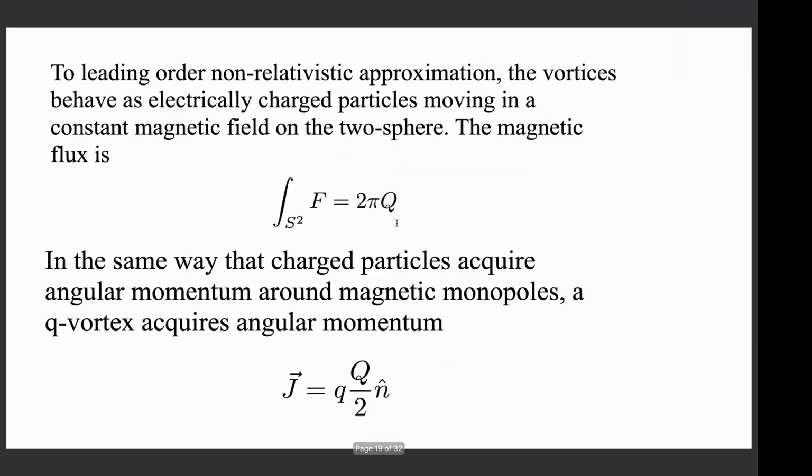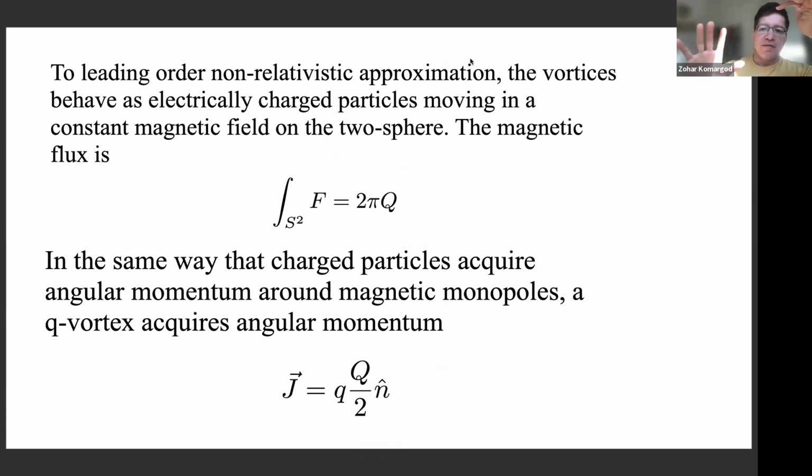Okay, thanks. So how do you think about vortices in a superfluid? Actually, vortices in a real fluid are also behaving like this, except that they are dissipating. Vortices in a superfluid are not dissipating, so it's a little bit easier. A vortex in a superfluid moves like a charged particle moves in a constant magnetic field.